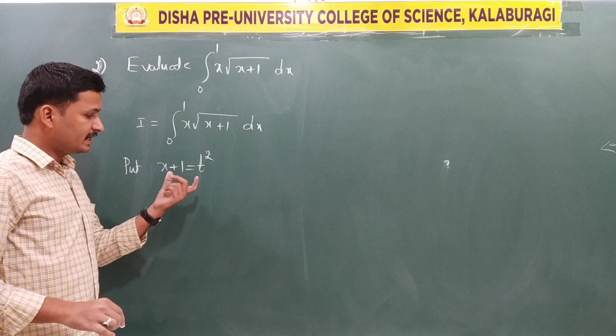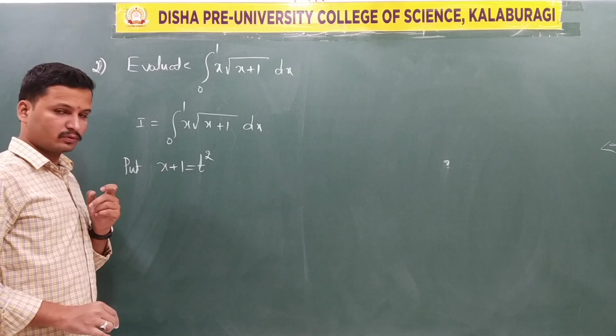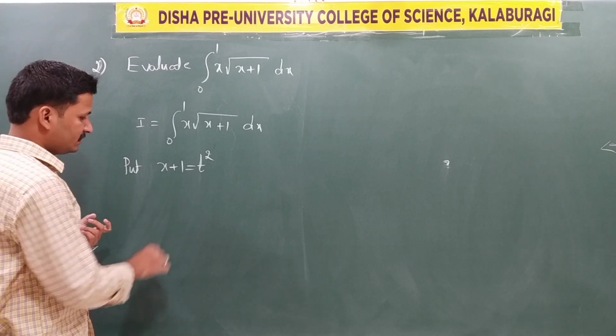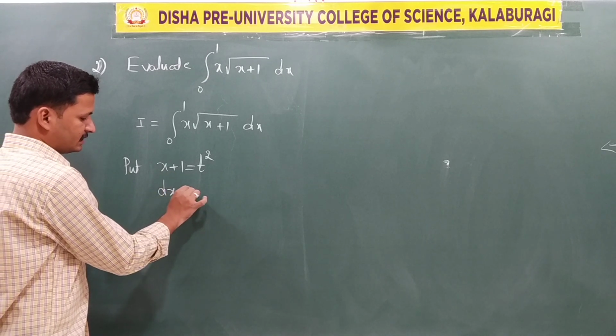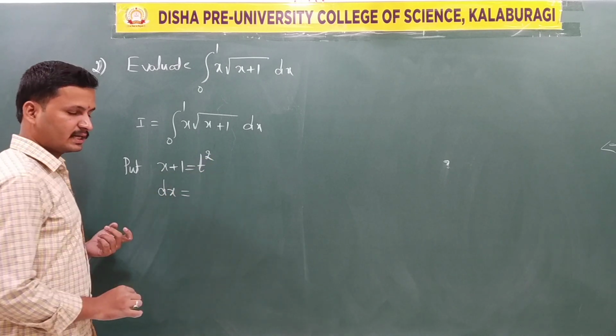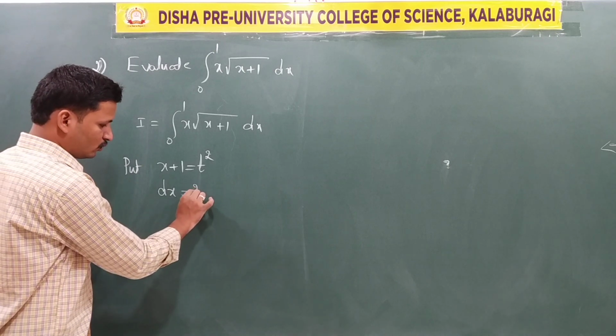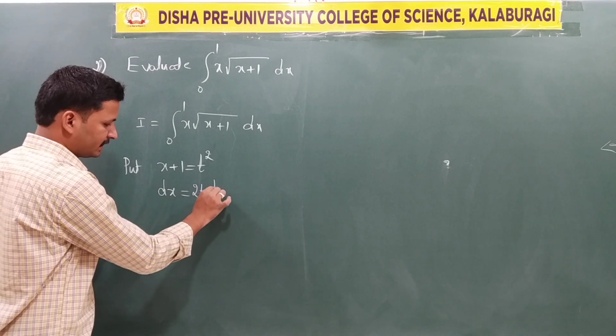Now differentiate this with respect to t. So what you will get is dx, which equals the derivative of t square with respect to t, 2t into dt.